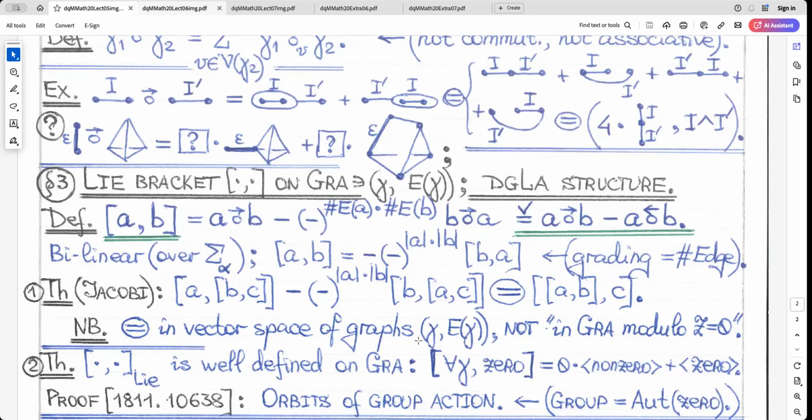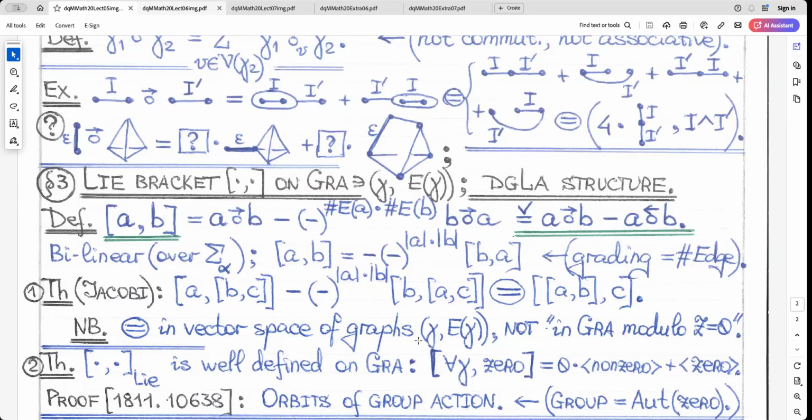It takes between minutes and days to get the idea of accurately tracking the orbits of group actions, groups of automorphisms, which make a zero graph into a zero graph, which act on a zero graph and give you minus the original graph.